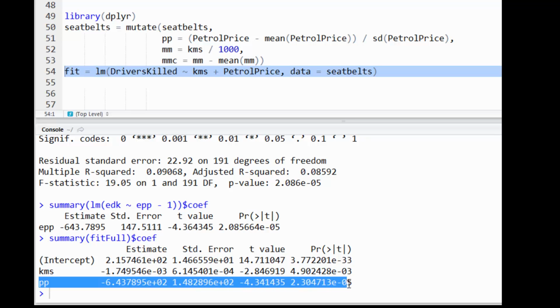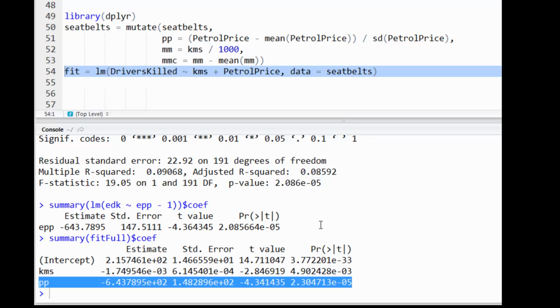You can see maybe there's a little rounding error, but the estimate is identical, and the t-value is fairly close, and the p-value is fairly close. But the estimate is guaranteed to be identical.